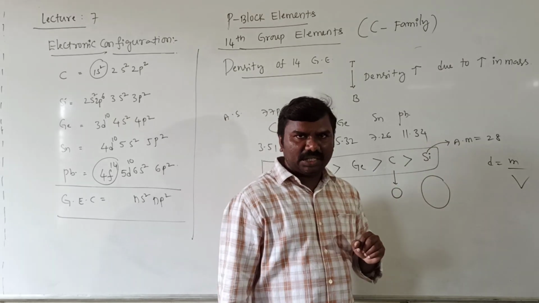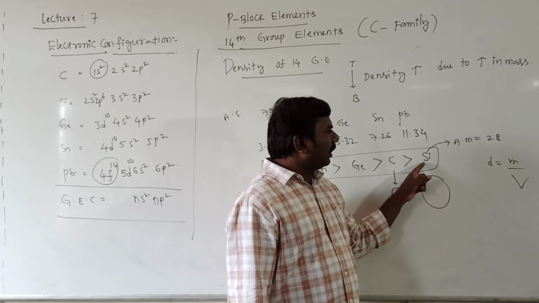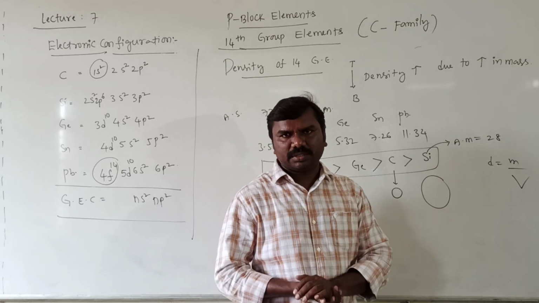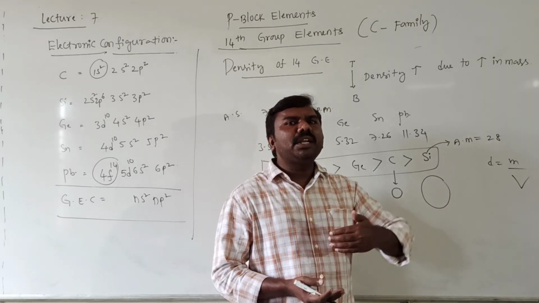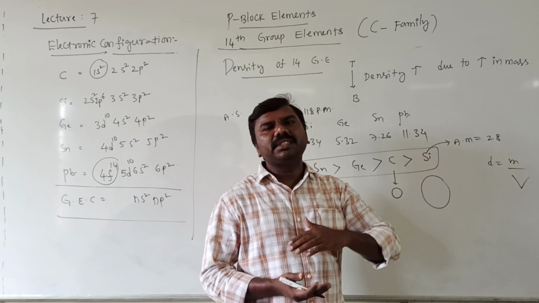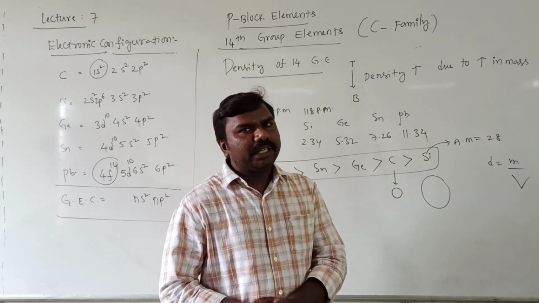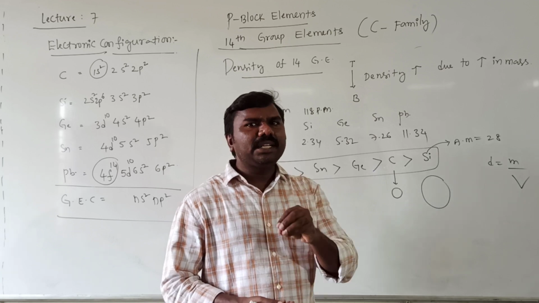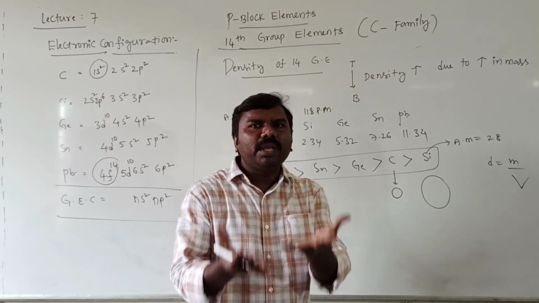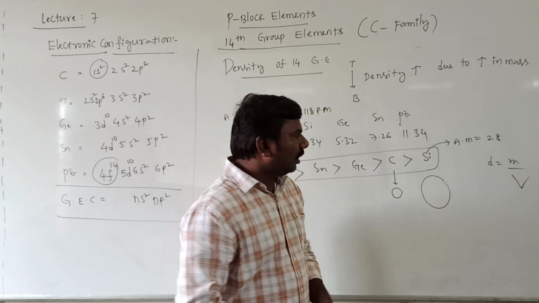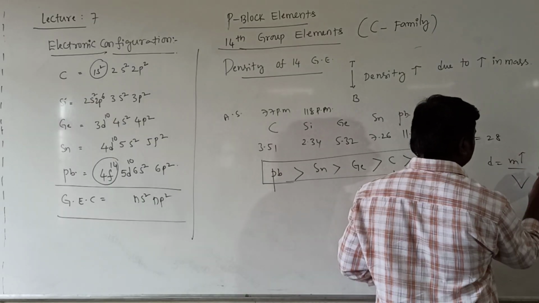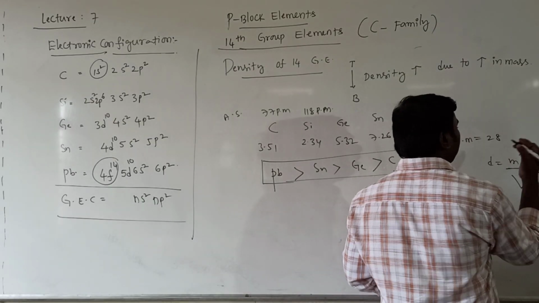But density decreases here. The reason is from carbon to silicon, volume also increased. The volume increase is dominant over the increase in mass. It means mass increase is negligible, volume increase is considerable. Now, mass increases, but volume increases more.